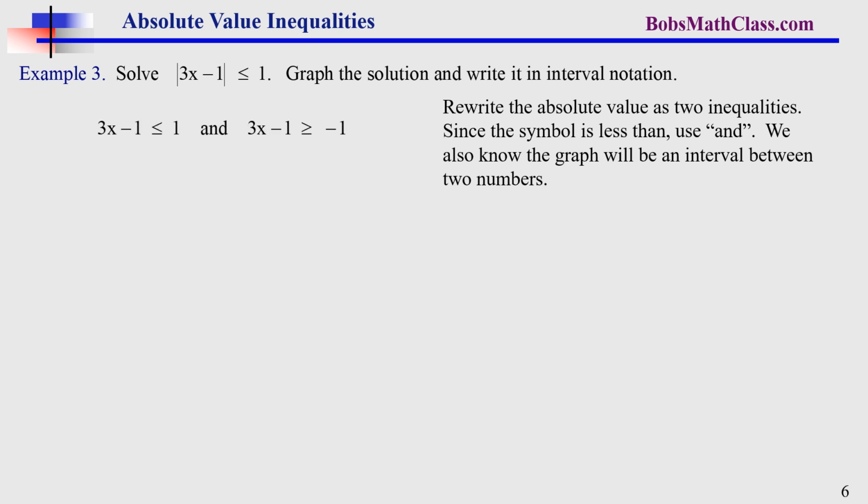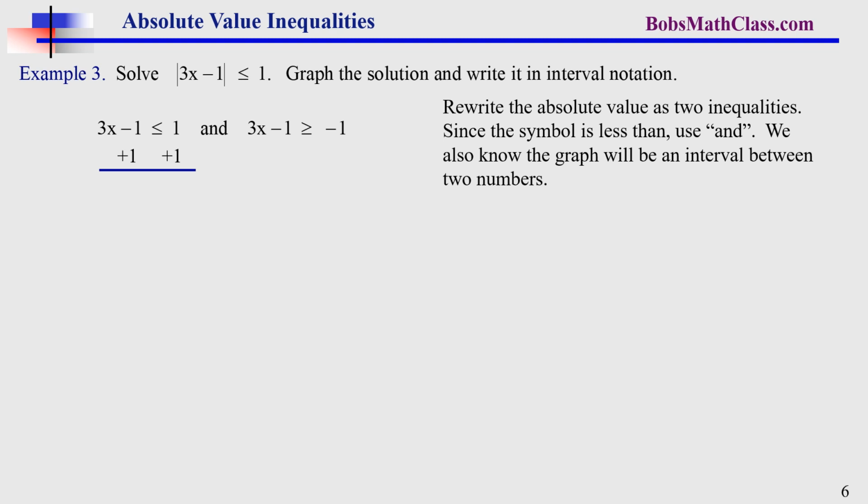Okay, here's our two inequalities. First one, no changes. Second one, two changes. The direction of the inequality changed, and the sign in front of the number on the right-hand side has changed to a negative.